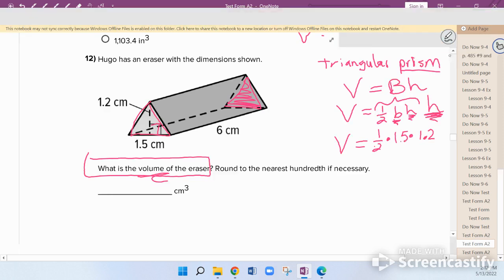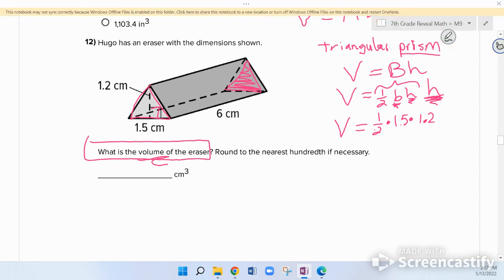The height of the whole prism is that next H, and we always know the height of a prism because it's the line that finds the distance between the two bases, or the line that connects the two bases, so that's going to be times 6 there.